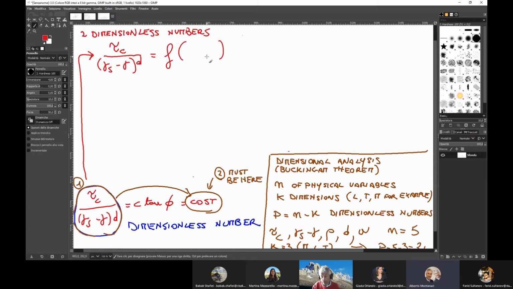What is the dimensionless number? Let me jump to the conclusion. We are not making the demonstration of the dimensionless analysis. The dimensionless number is called the sediment Reynolds number. This is the unit Reynolds number.